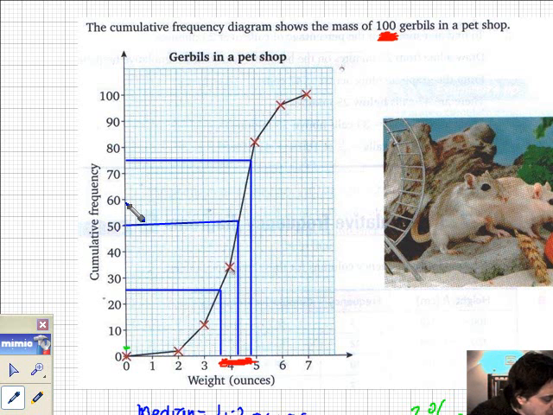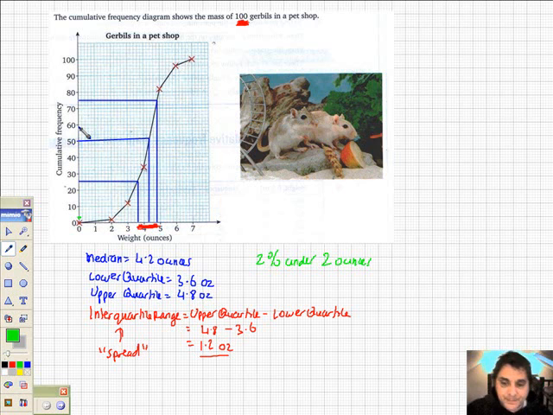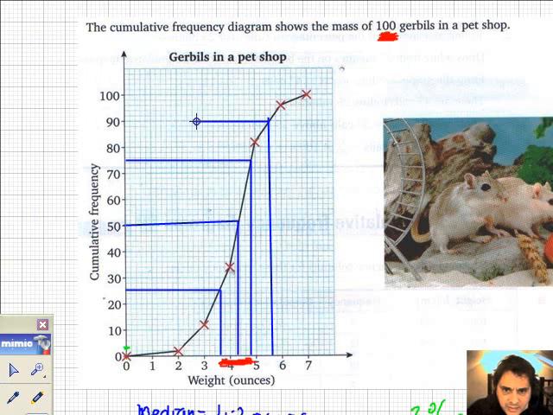We've got to find the percentage of gerbils who are over 5.5 ounces. 5.5 ounces is there. Better use a line. So 5.5. Hit it there. Plant it about there, I think. Then come over here like that. Now, from my very crude diagram, I can see that from 90% onwards, I've got 10 gerbils who have a weight over 5.5.